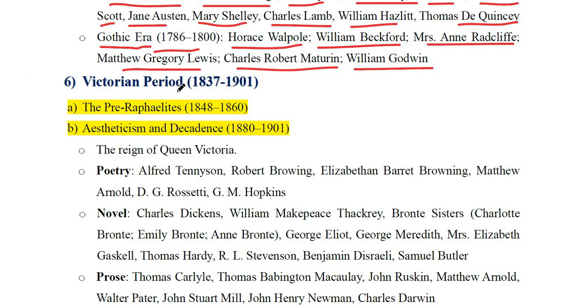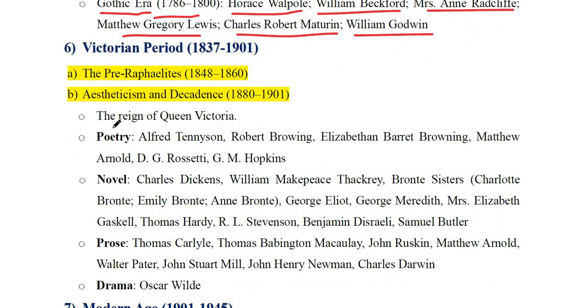Next, we have the Victorian period from 1837 to 1900, which is after the reign of Queen Victoria. So at this time she reigned in England, and this time period also has two categorizations. First is the age of the Pre-Raphaelites from 1848 to 1860, then the age of aestheticism and decadence from 1880 to 1901.